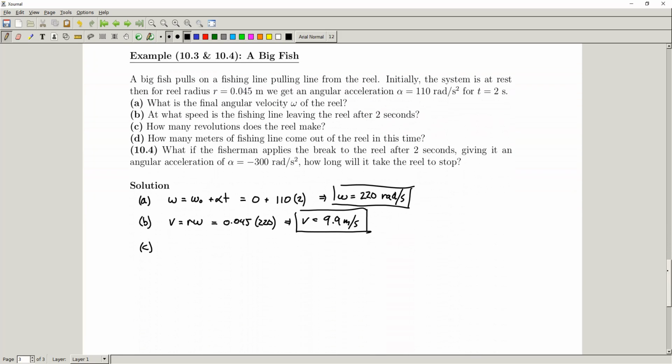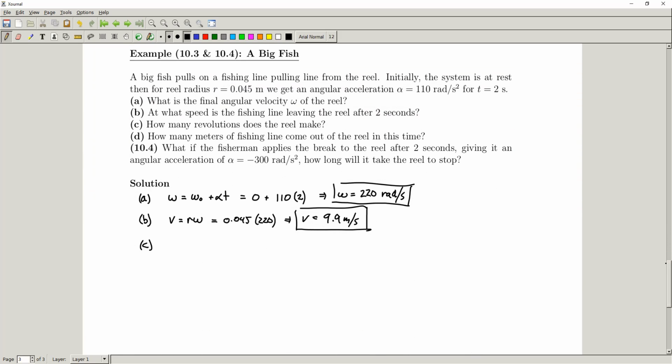Okay, so with that in mind, we're now looking for how many revolutions this reel makes during this period of acceleration. For what we did in part A and for what I'm about to do here in part C, let's remember that the whole duration of this problem, we have one acceleration, until we get to the fifth part of the problem that came from 10.4, which we're going to see how that works.